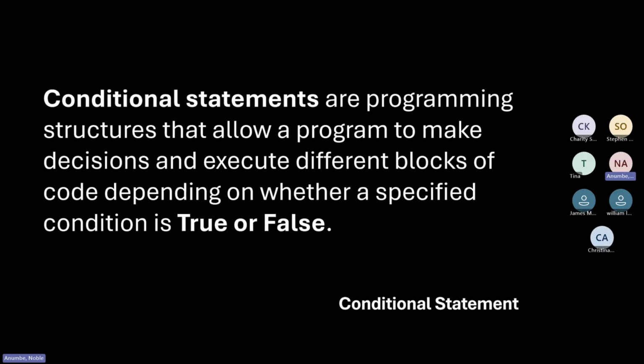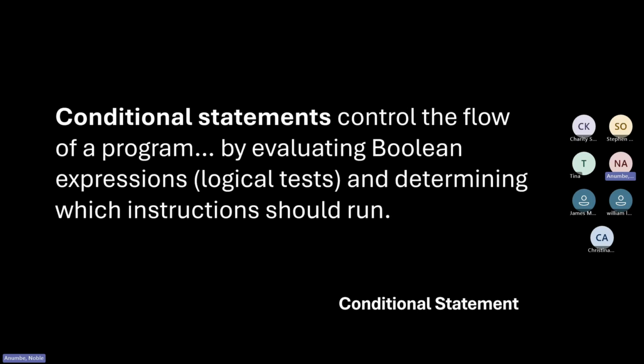That will be the focus of today's class or discussion. Conditional statements are programming structures that allow a program to make decisions, like I mentioned before, and they help execute different blocks of code depending on whether a specified condition is true or false. They also control the flow of a program by evaluating the Boolean expressions I just mentioned.